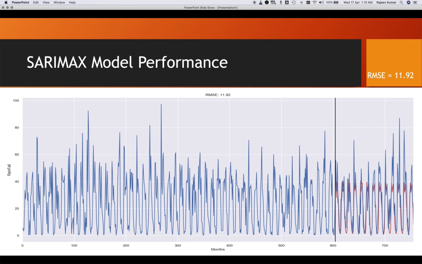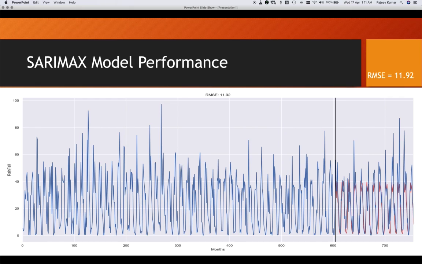Now using this P and Q and the 12-month duration, we plot our ARIMA model and see how the 20 percent test data performs against the training data.